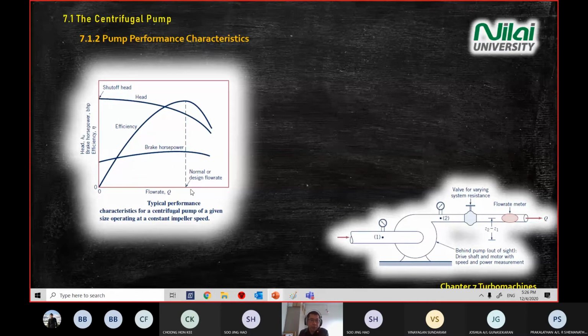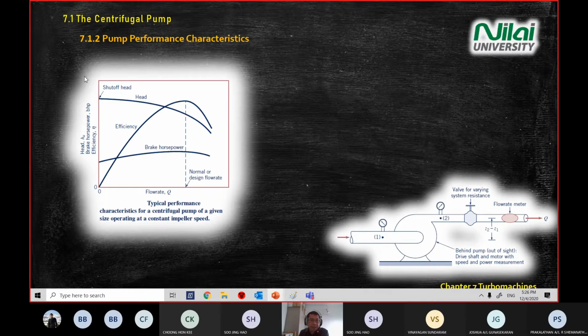So the first point you look at the graph is the efficiency line, go to the optimum point, drag down, you get the optimum flow rate to get the optimum efficiency, and then you extend up, you'll get the brake horsepower at the optimum efficiency, and then you extend up, you'll get the optimum value of your head for that pump.